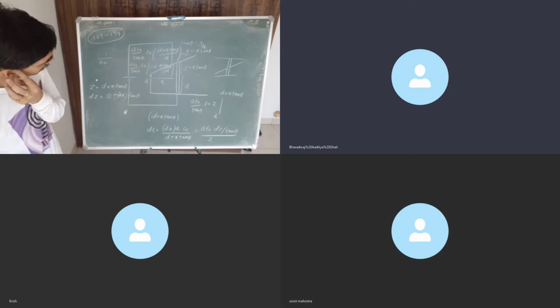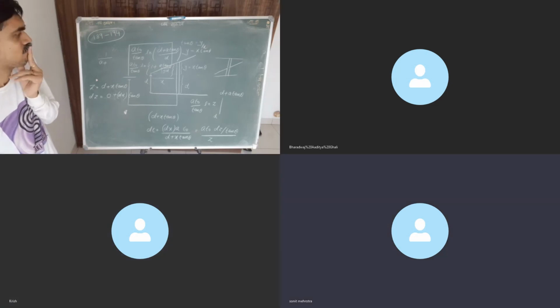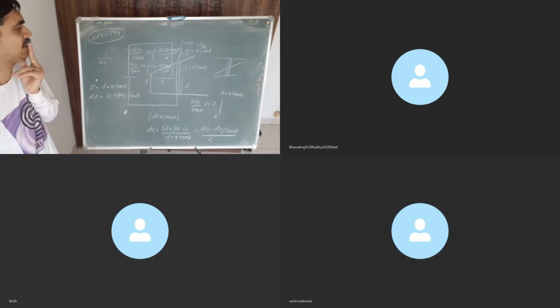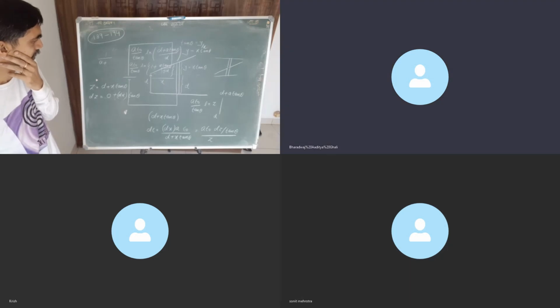What is ln of 1 plus x we write, and then we can ignore the higher orders only when x is small, correct? And that should be given also. Here it's not given to you. Logically it is not small, because D will be smaller than A and tan theta.